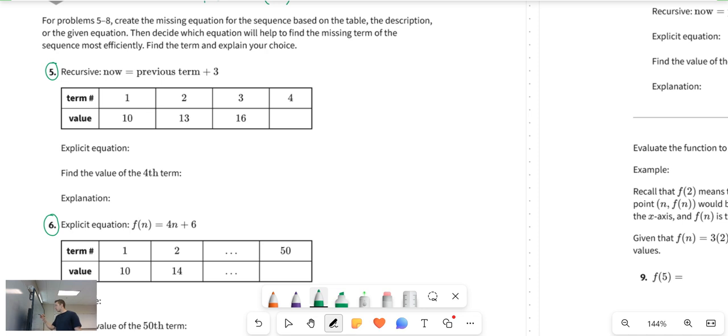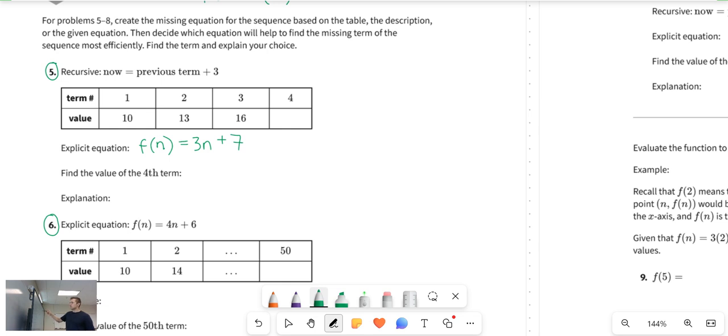We'll call this one f. So f of n equals, it looks like we're going up by 3 each time, so that's 3n plus, what would we start at? If we had n equals 0, what would we be at? Well, it looks like we'd have to start at 7, because when we add 3 one time, we should be at 10. So 3n plus 7.